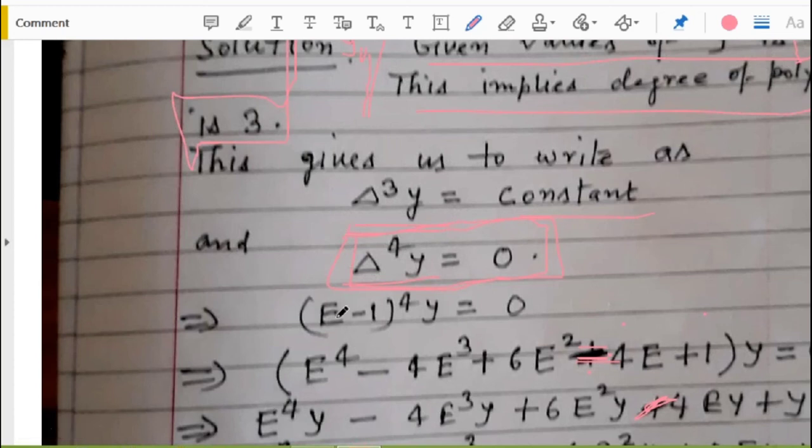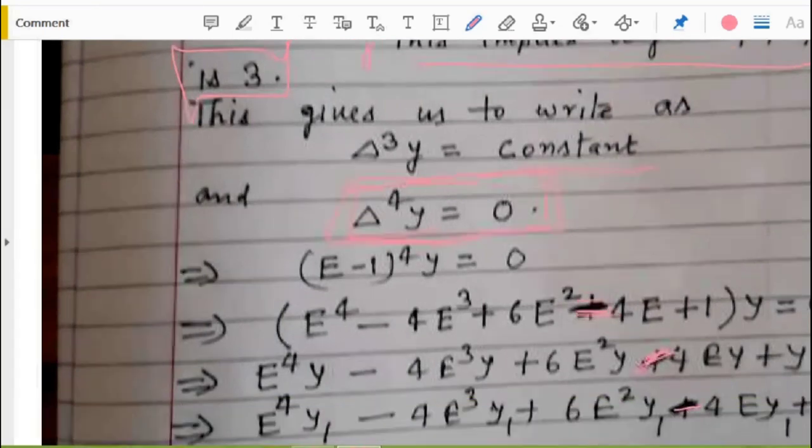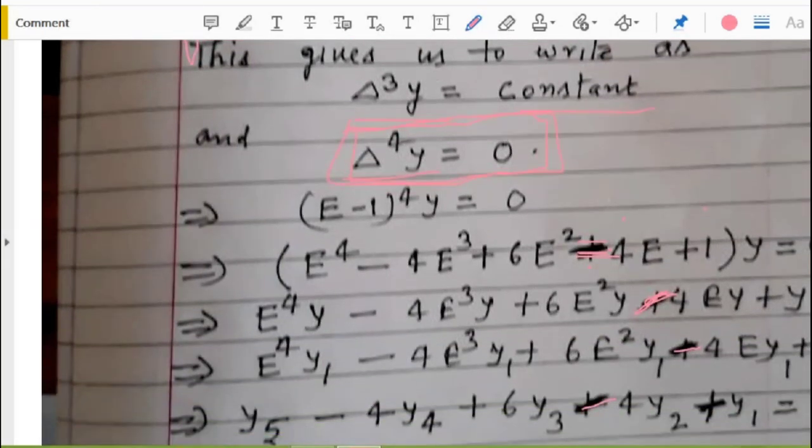So now we use the shift operator. E is the shift operator. We have put here (E minus 1) to the power 4 y is equal to 0. This is the shift operator. Is it clear? If this is the shift operator, then E to the power 4, you look at, and you apply this formula.